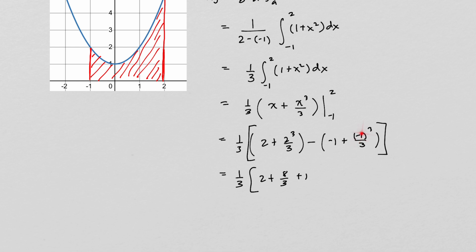And then right here we have -1/3, but there's a negative there, so that becomes a +1/3. This is equal to 1/3 times, let's add these up, 8/3 plus 1/3 is 9/3, which is 3, plus 2 plus 1 is 6, and 1/3 times 6 is equal to 2. And so the average value of the function is 2.